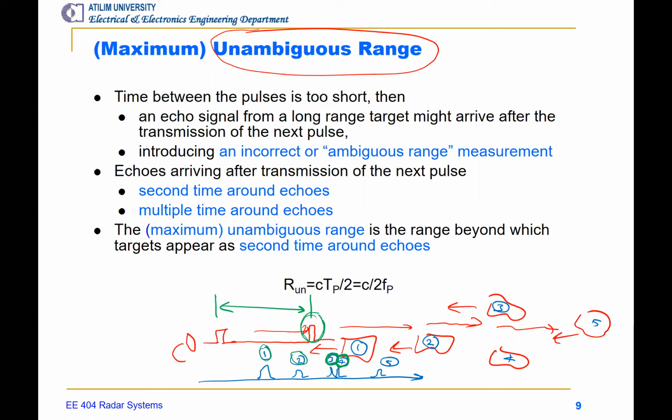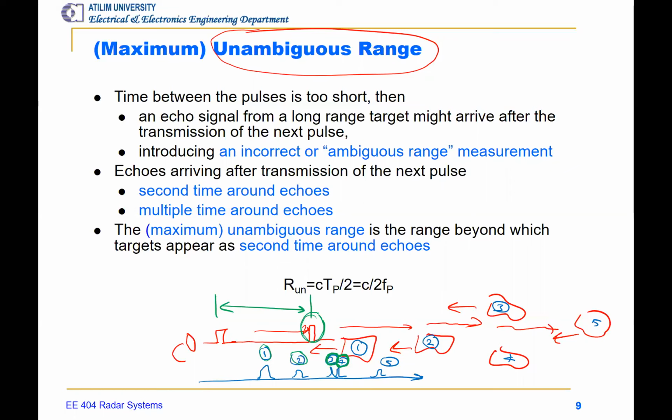Beyond the PRI echo or range, we'll have ambiguity. Is that clear? And there are many ways to remove this ambiguity, to disambiguate, and we'll be discussing them later. But at the moment, just think about this scenario, and I'll be showing it in the next slide in detail.